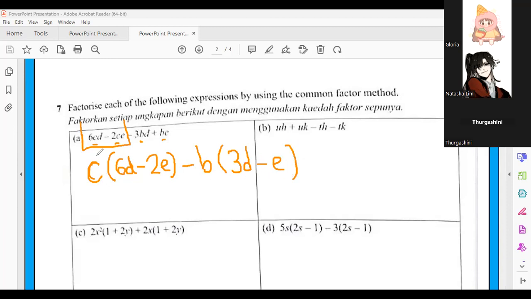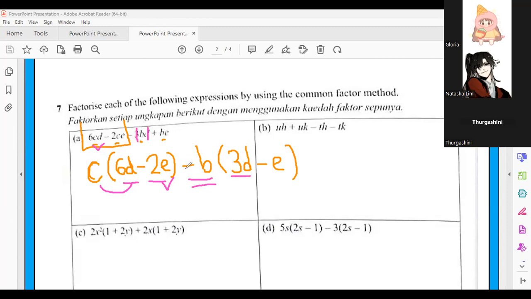I took out my C. So this became C in bracket. Then after that, 6D minus 2E. So when I put in my C, I'm going to get this. And this side, I took out my negative B. When I took out negative B, this fella will become positive 3D.